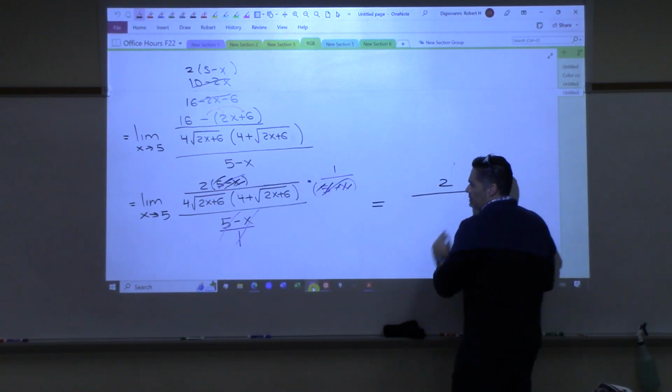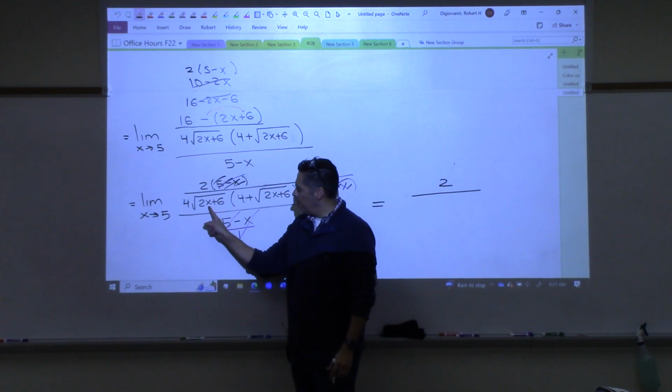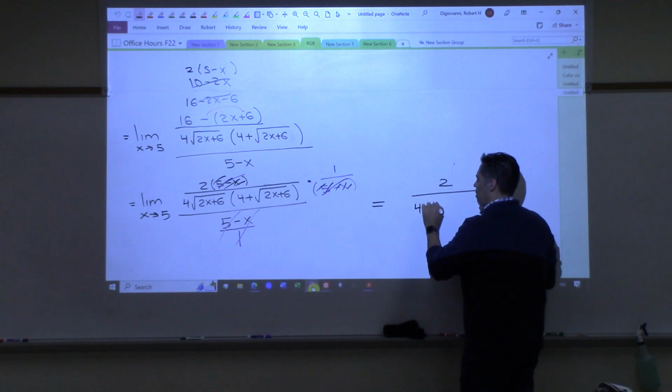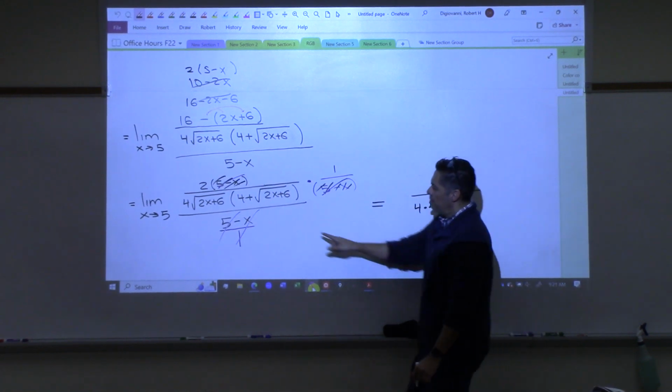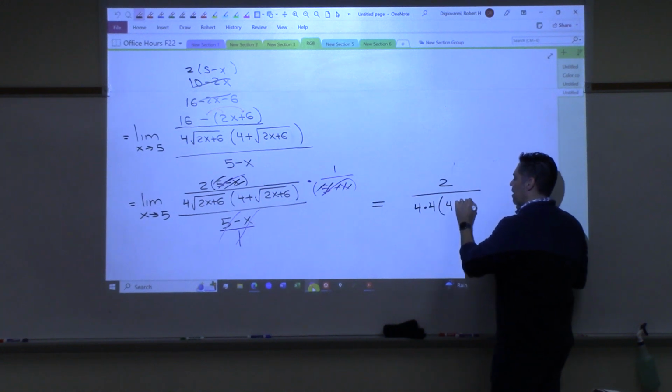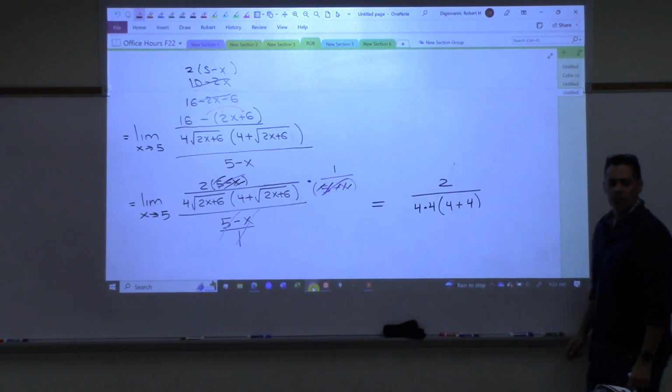On the bottom, let's see, what happens when we plug in 5 here? 10 plus 6, 16. Square root of 16 is 4. So this will be 4 times 4, parenthesis, 4 plus what? 4 again. 4 plus 4.